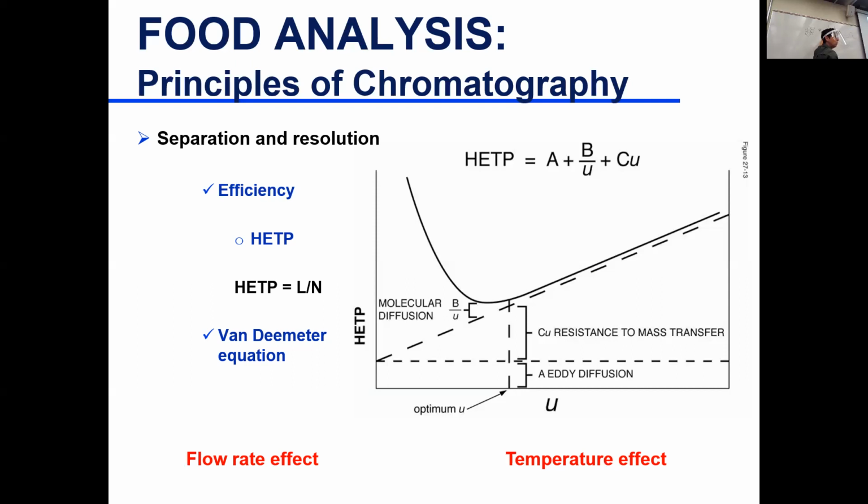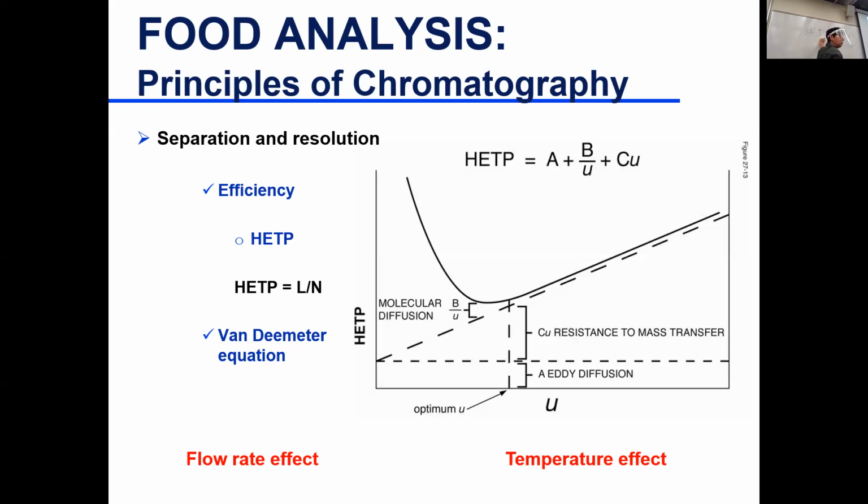If you have a small particle size of your packing material, you don't have very many paths, and it goes down and equilibrates faster. So you have really sharp bands, which translate into sharp peaks down the column. So that's Eddy diffusion.